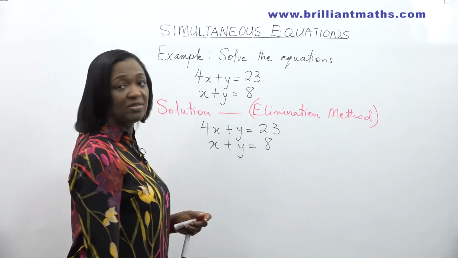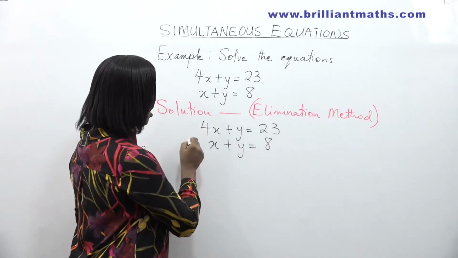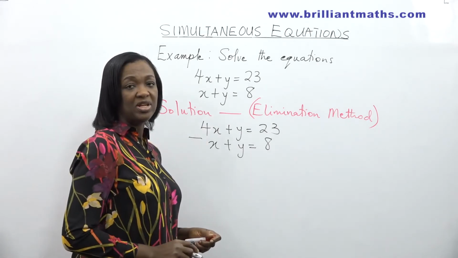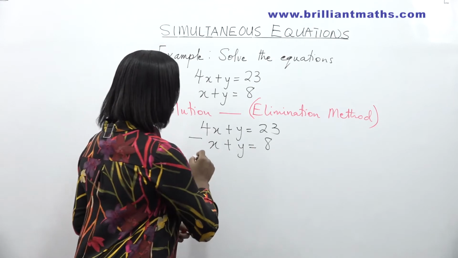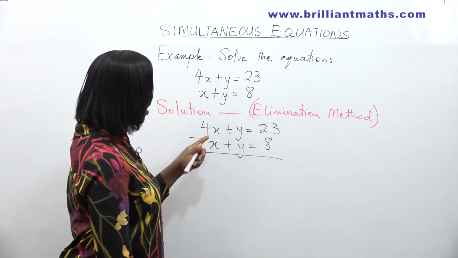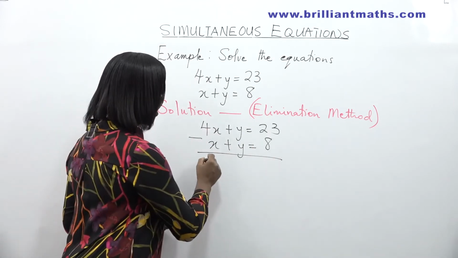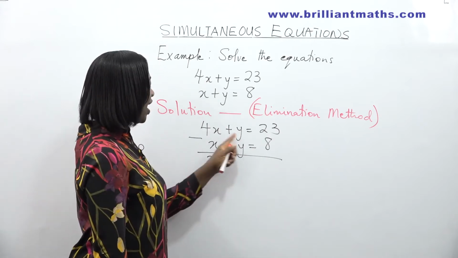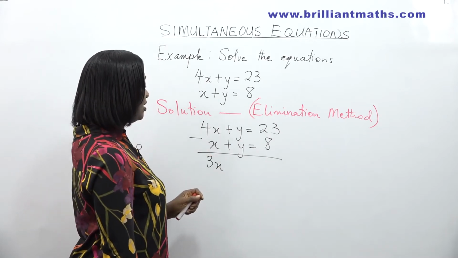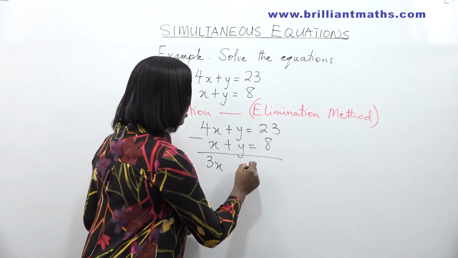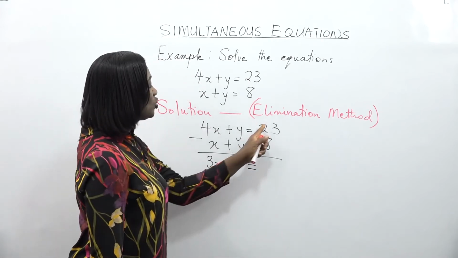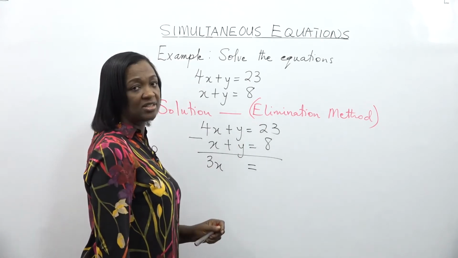Both of them are positive, so if we simply subtract, we can eliminate y. So we have 4x minus x is 3x. y minus y is 0. So 3x is equal to 23 minus 8.